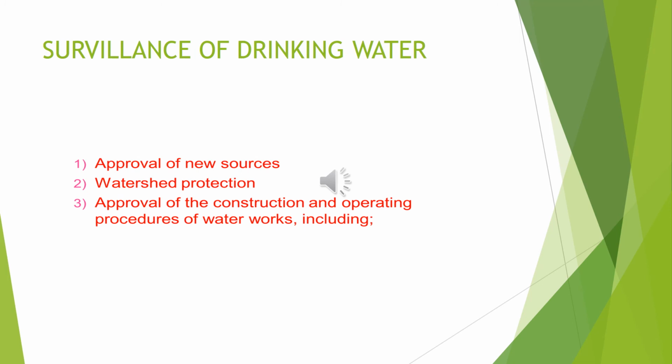Surveillance of water is very important, as we have to maintain the quality of drinking water. Certain activities are carried out for surveillance: number one, the approval of new sources; number two, the watershed protection; number three, the approval of the construction and operating procedures for the waterworks, which include disinfection of the plant, periodic flushing programs, certification of the operators who are going to operate the plant, regulation of chemical substances, and connection control, backflow prevention and leak detection control.